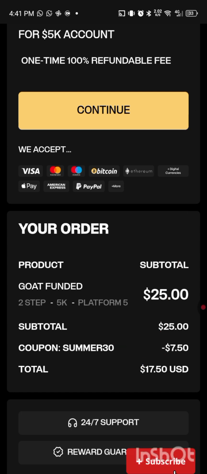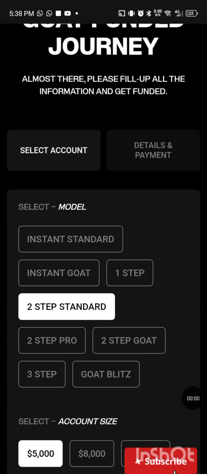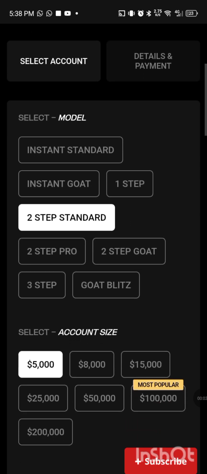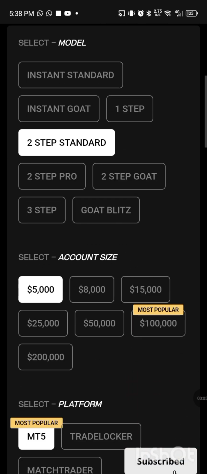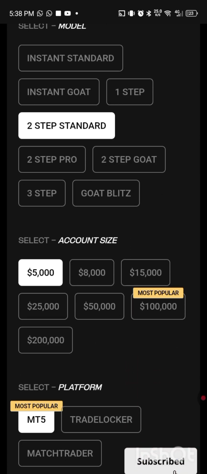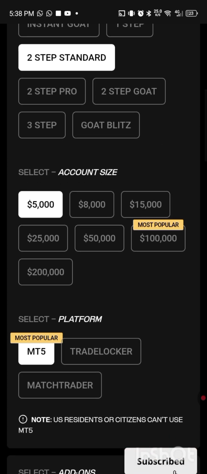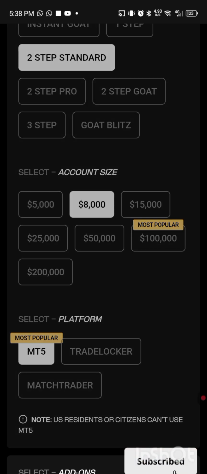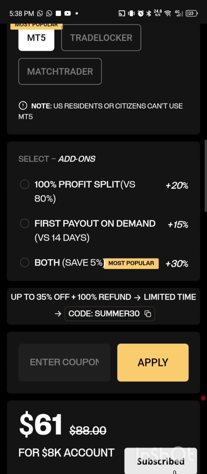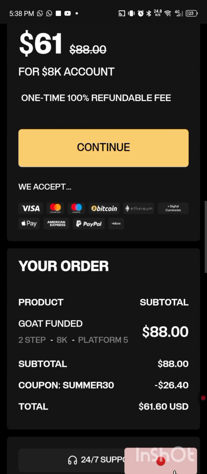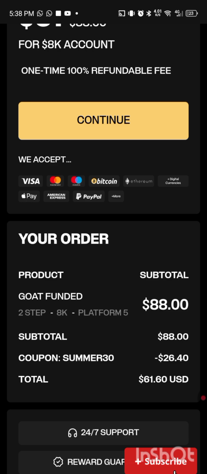In case you click on it, please make sure you confirm all your entries. Make sure that it's on two-step standard. Then you choose your account size: $5,000, $8,000, or $15,000. If you have big money and don't want to use $5,000 to start your forex trading, you can go for $8,000, which will give you the price aligned with it: $61 in total.